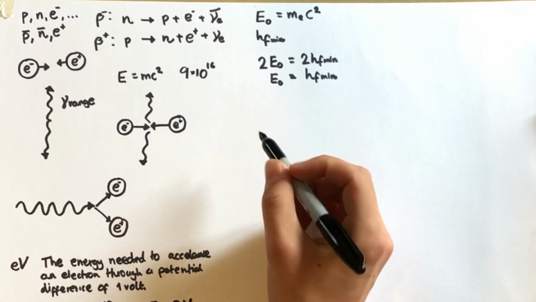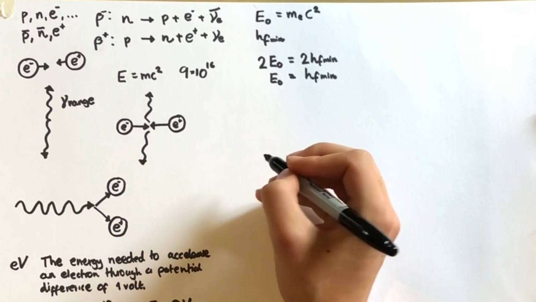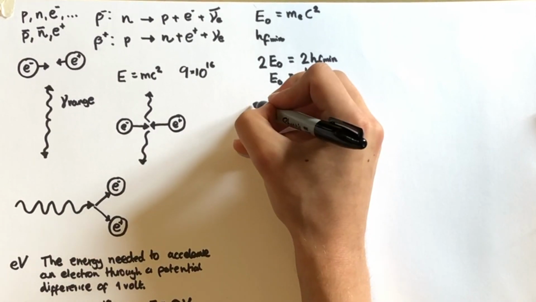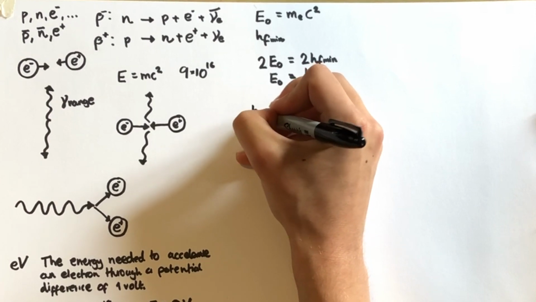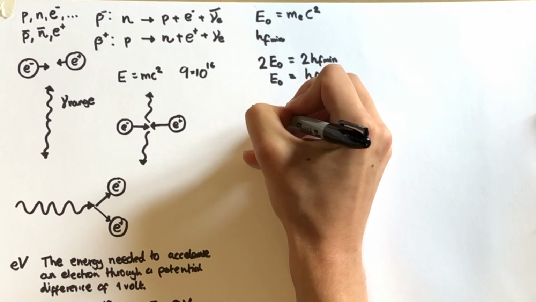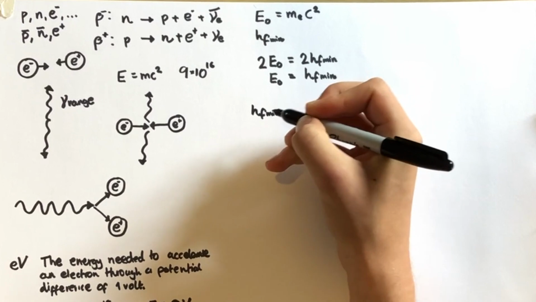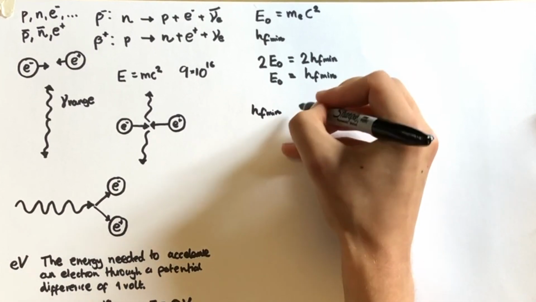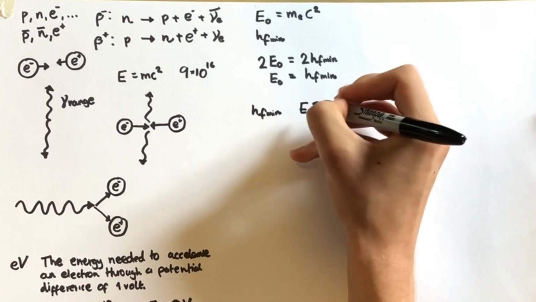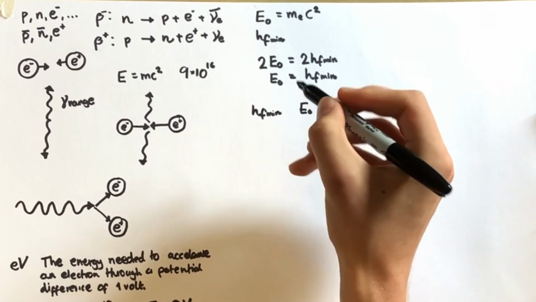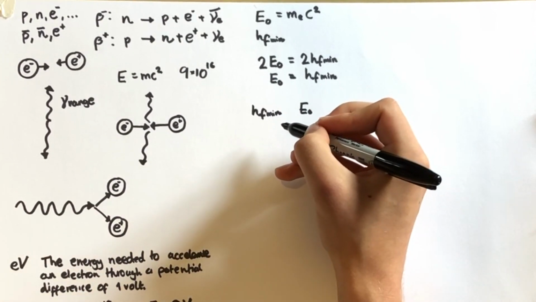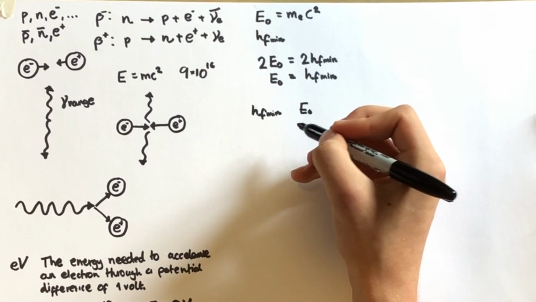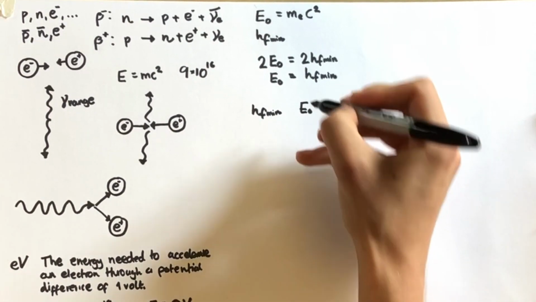Now with pair production, we have a photon which is travelling with an energy of hf min. But this becomes two particles which must each have rest energies E0. Since there are two, the photon actually has to have enough energy to produce two, since you can't have a particle without an antiparticle.